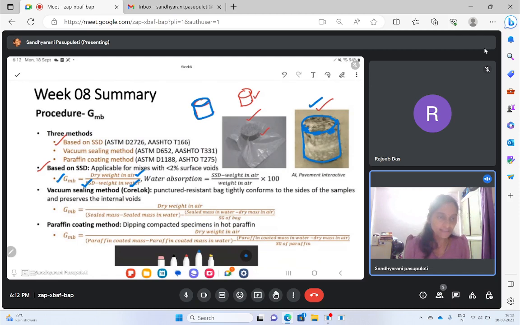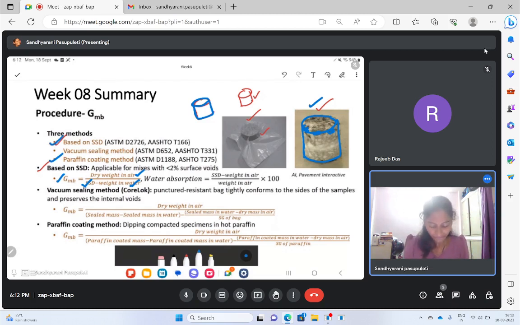So in those cases, one method is to seal the entire surface of the specimen. If the surface is completely sealed, then when we take the weight in water, the water will not enter the air voids or the spaces of this specimen. This method we usually call the paraffin coating method, and the first method we call the saturated surface dry method.